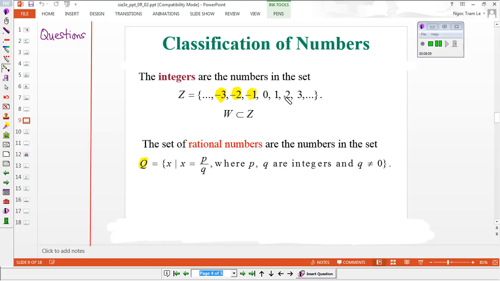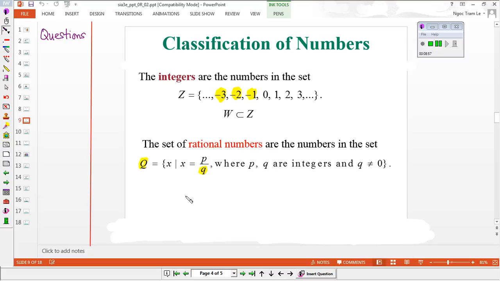So it means p and q belong to the set of integers, and q cannot be 0. So we cannot have 0 in our denominator. Make sure when you have a fraction, 0 cannot be in your denominator, or at the bottom of your fraction.